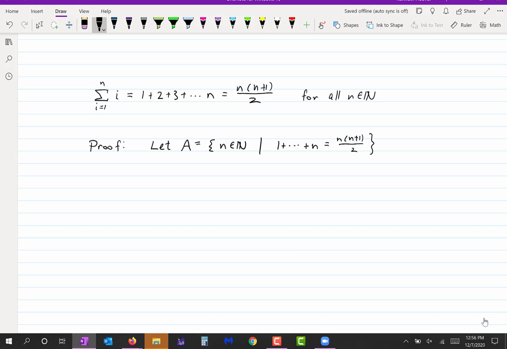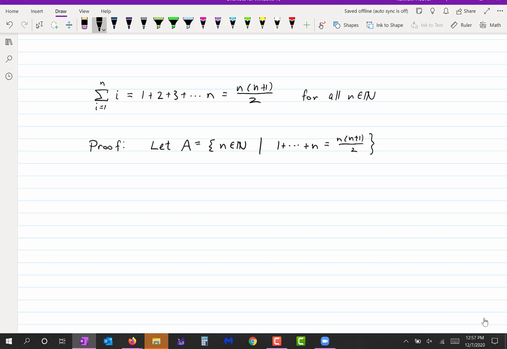So now, rather than saying this formula is true for all natural numbers n, all I have to do is show that the set A equals the set of natural numbers. Okay? And we'll do it by induction. Okay? So our base case.